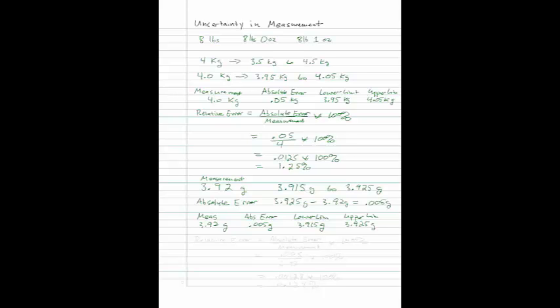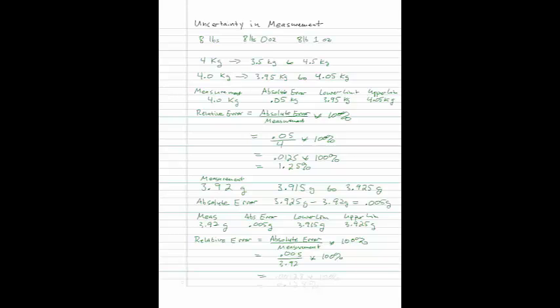So let's look at our relative error in this case. Relative error is absolute error divided by measurement times 100%. So what do we get here? The absolute error, we said, is 0.005 divided by our measurement, 3.92 grams, times 100%.